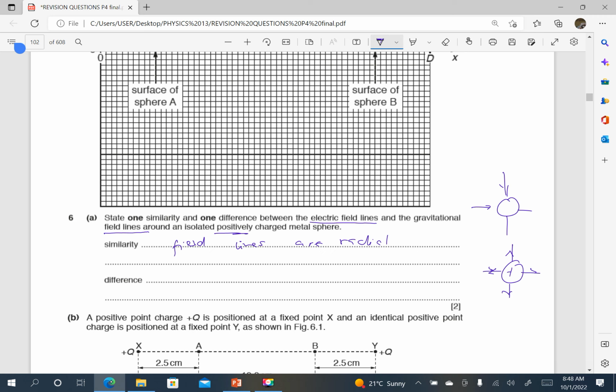But the gravitational field lines will be towards the mass, towards the sphere.